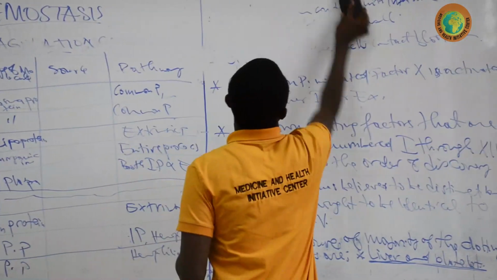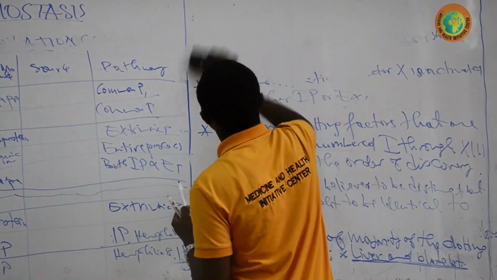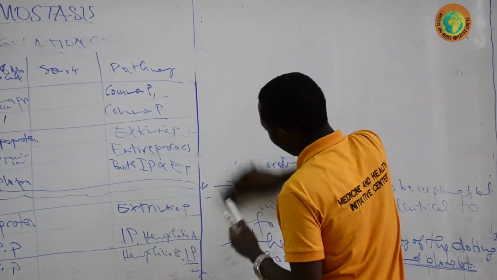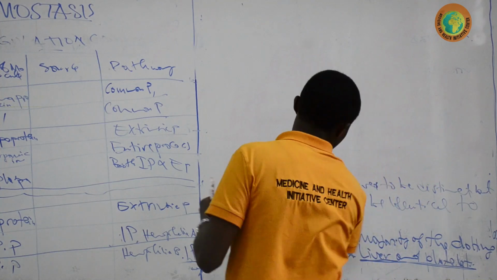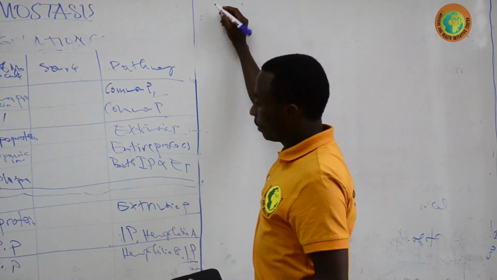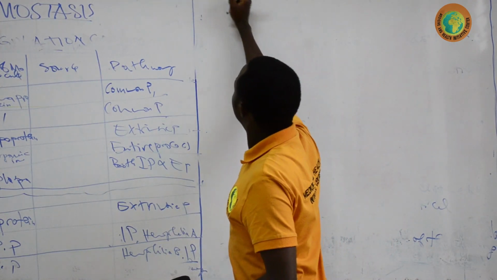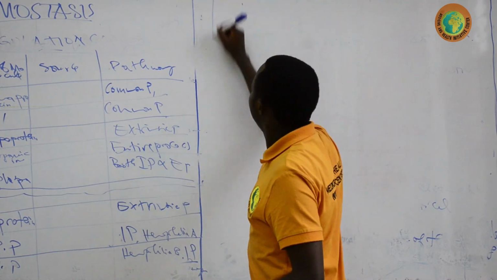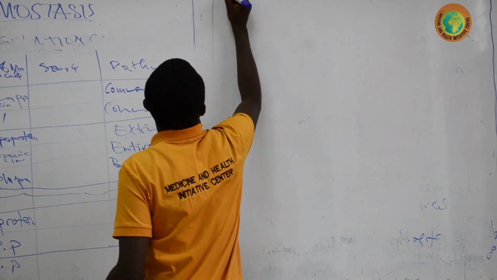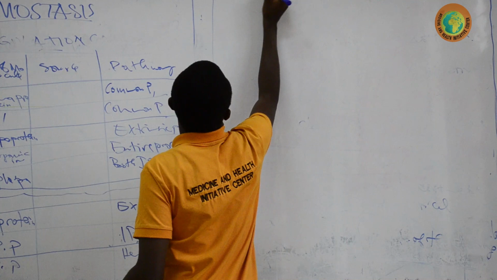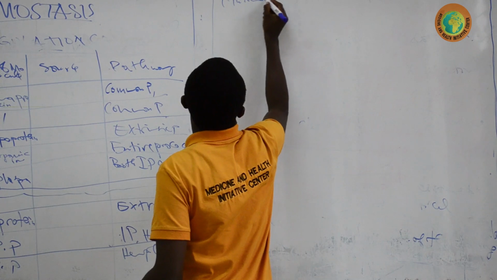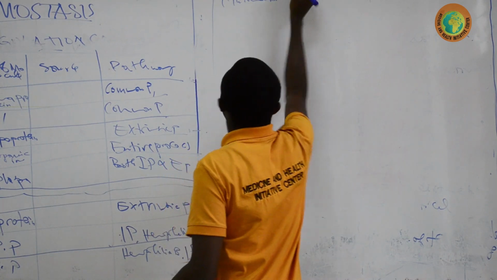Let us continue with the last four. Friends, factor 10 is by the name of thrombokinase.